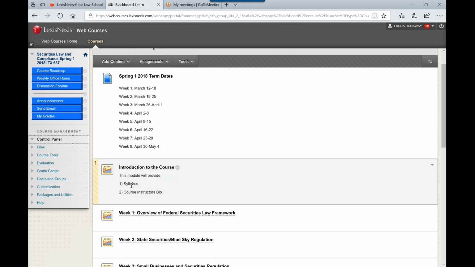In the syllabus, you'll see a breakdown of the topics for the course, the reading materials, extension policy, and what your grades will consist of. So it's obviously general information about the course. Be sure to review the syllabus and the instructor info.